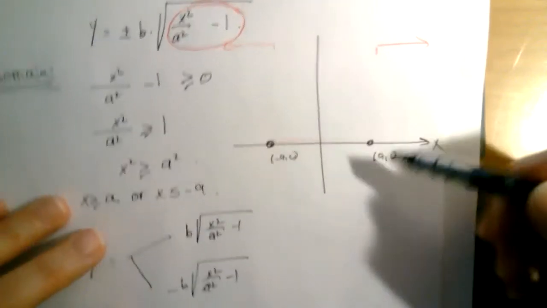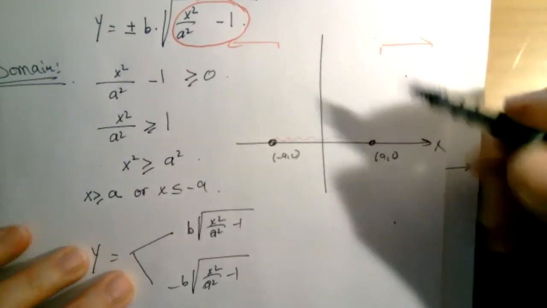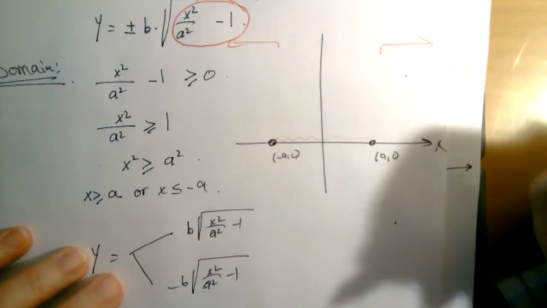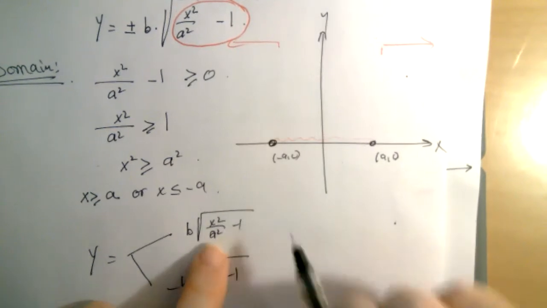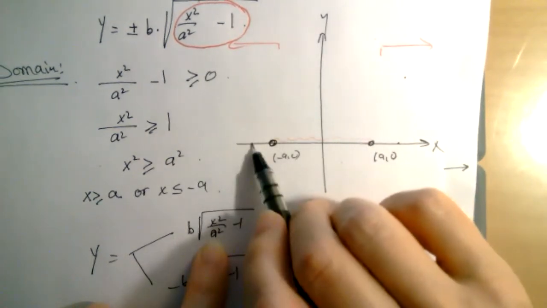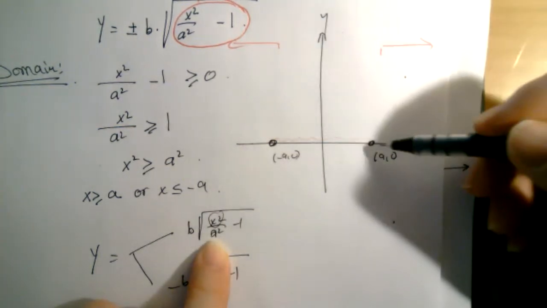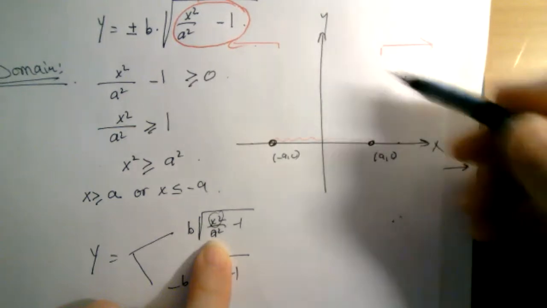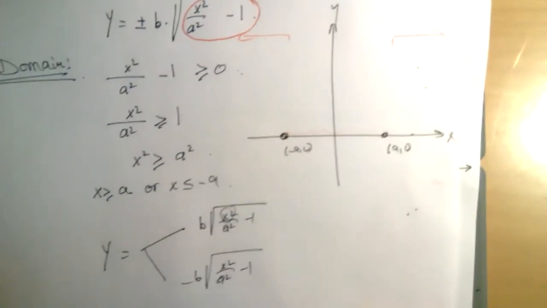It means for every value of x, y could be the positive square root or the negative square root. It means we have a symmetry with respect to the x-axis. Second, we have symmetry with respect to the y-axis because the value at x and the value at -x are the same, because we have x squared. So the graph has symmetry with respect to the x-axis and the y-axis. So there's a lot of symmetry in the graph.